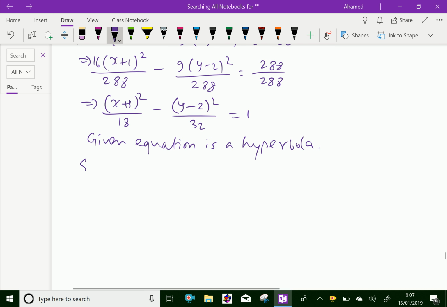Therefore, shifting the origin to minus 1, 2, without rotating the axes.